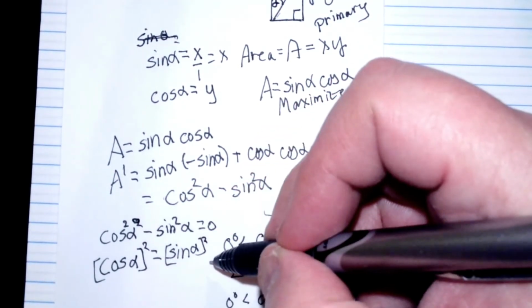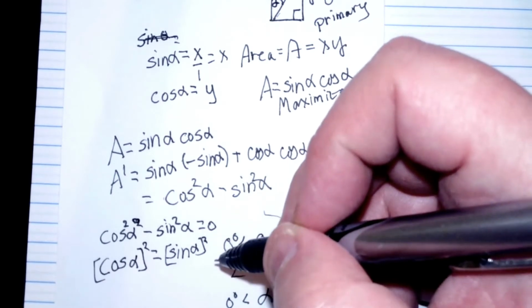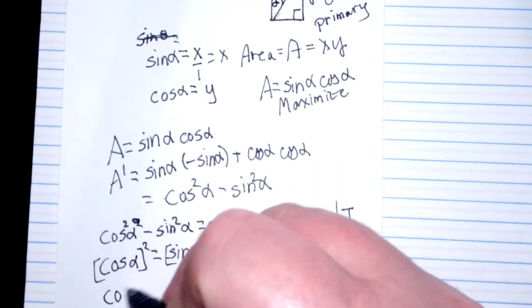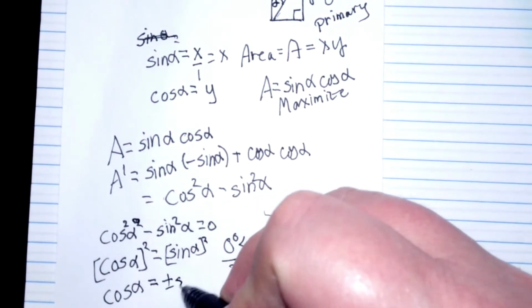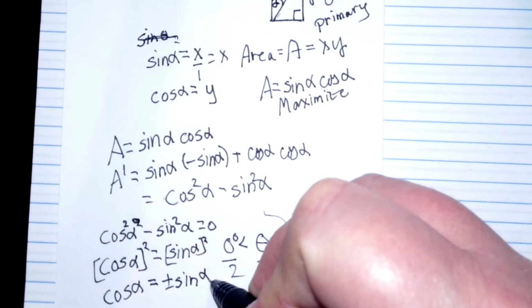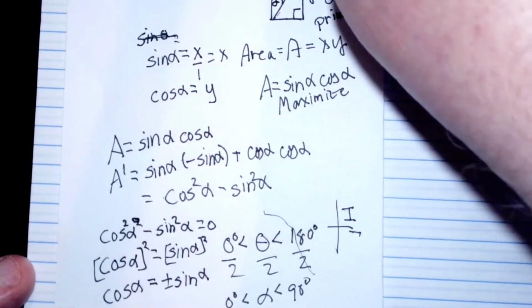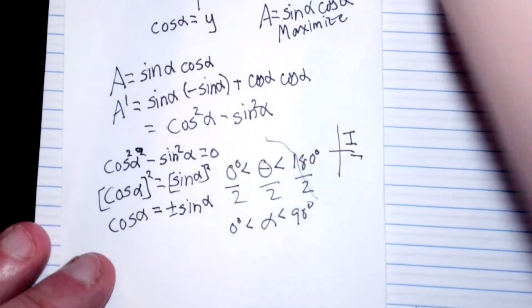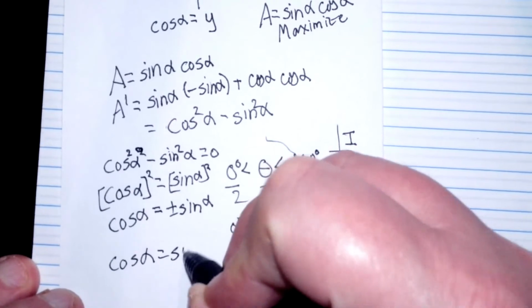I'm rewriting it in different notation, and I'm pulling the sine squared term over to the other side, which means that cosine of alpha is equal to plus or minus the sine of alpha. But since we're in the first quadrant, that means that the sine and cosine have to have the same sign. They have to both be positive. So we're looking for values that make the cosine of alpha equal to sine of alpha.